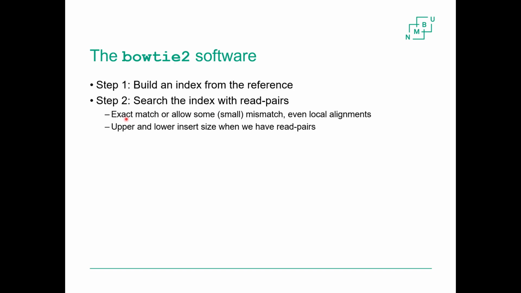We have only considered exact matches in this example here. In reality, the Bowtie software and all other software will also allow for some small mismatches, but not many. If you allow many mismatches, you need to extend the search, and you lose all the gain by doing this Burrows-Wheeler transform.